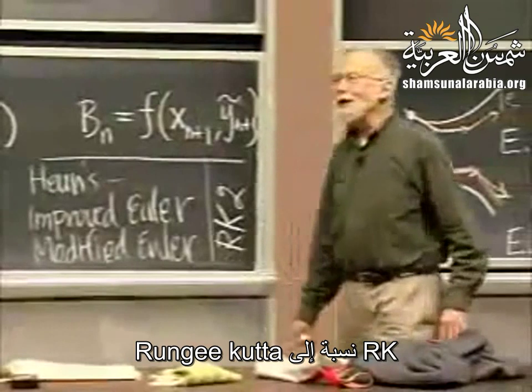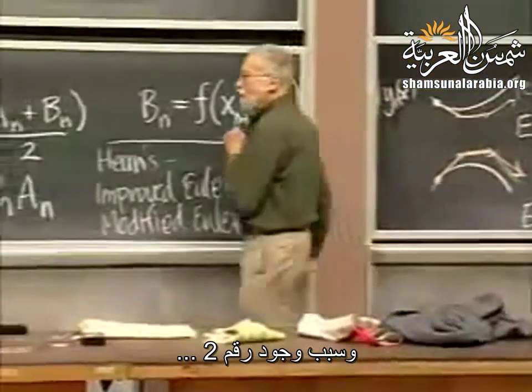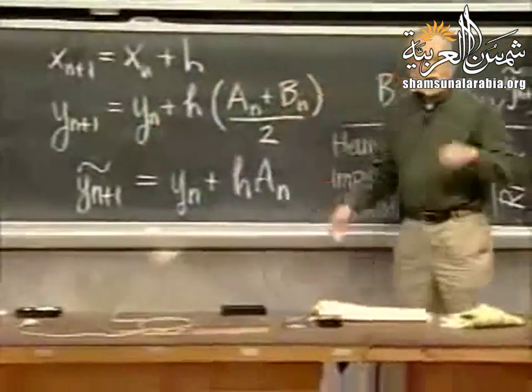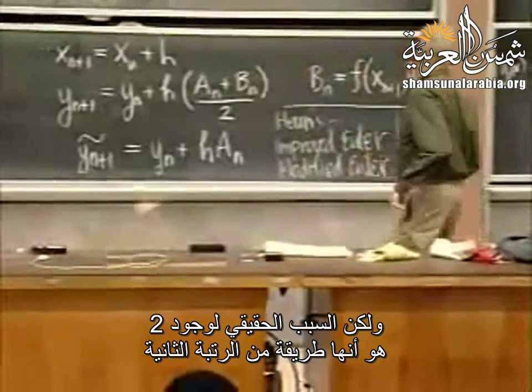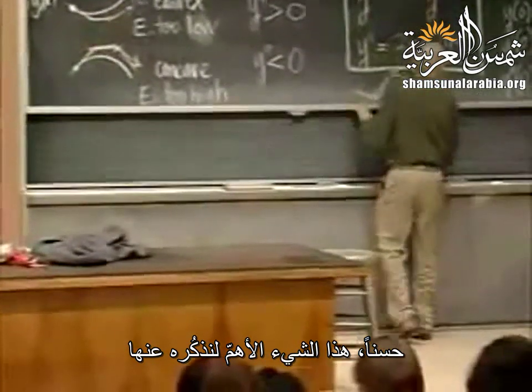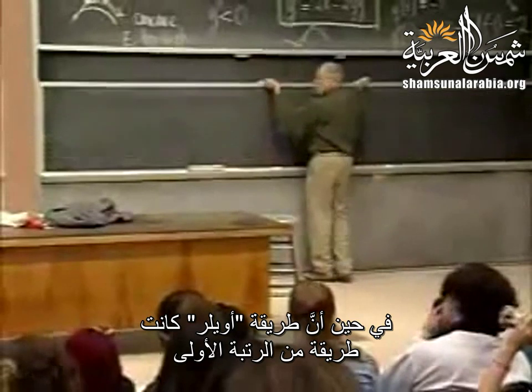RK stands for Runge-Kutta. And the reason for the 2 is that it uses 2 slopes, but the real reason is that it is a second-order method. So that's the most important thing to put down about it. It's a second-order method, whereas Euler's was only a first-order method.